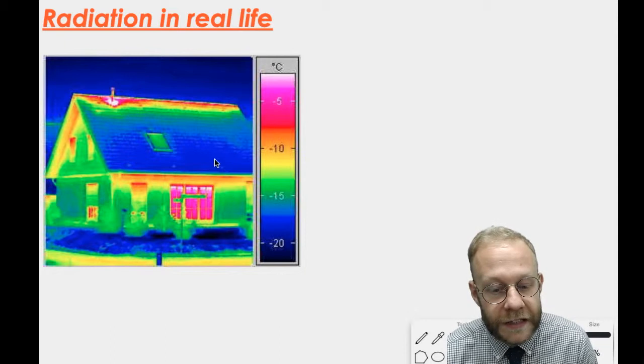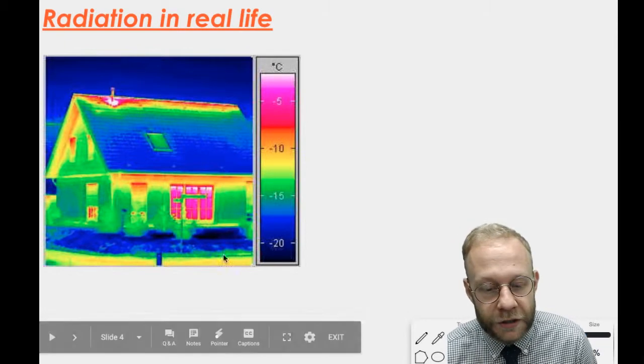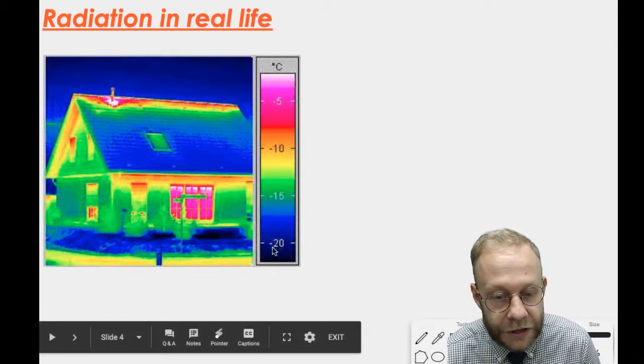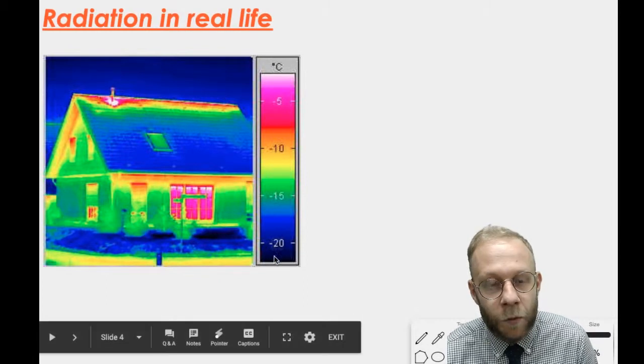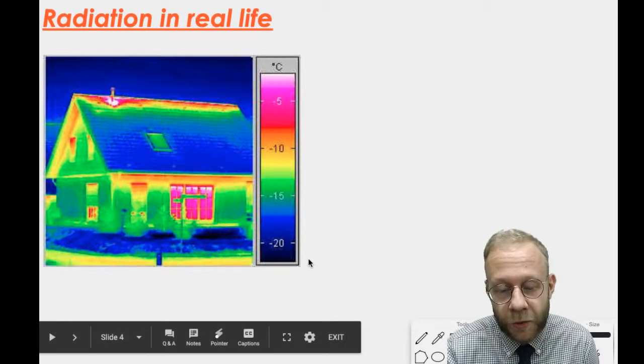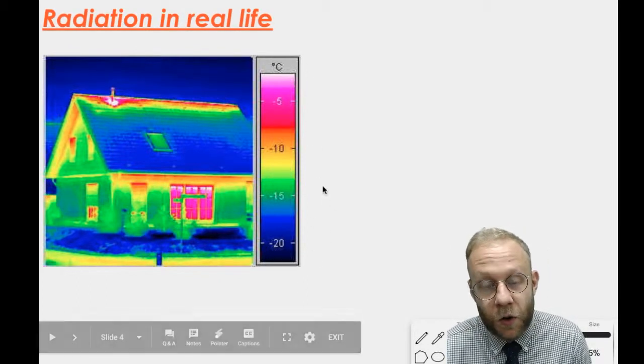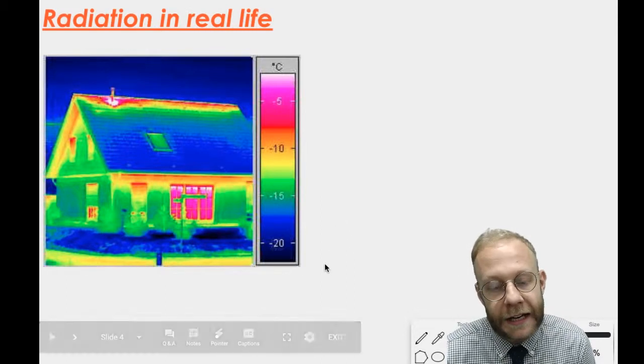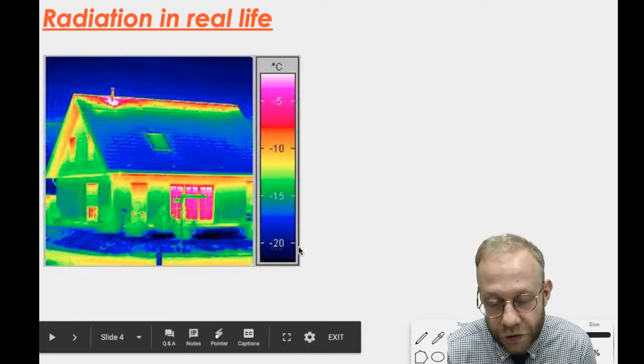Where it's not received very much infrared radiation, it's coloured this dark colour. This scale has come from when the infrared camera was calibrated. So it was sort of a made-up scale.